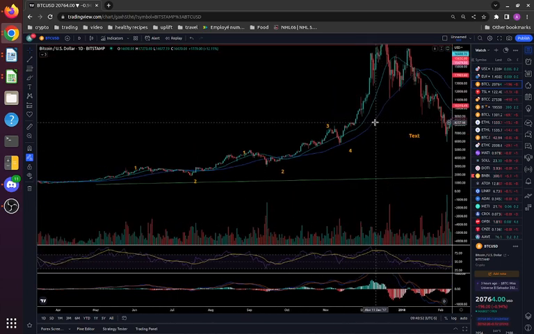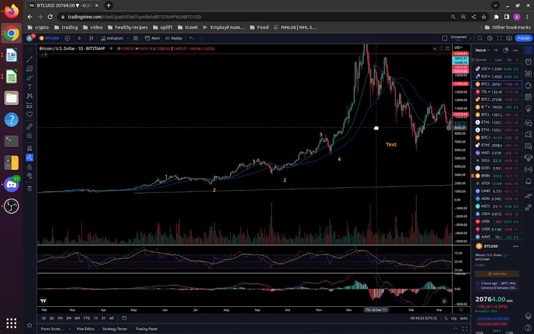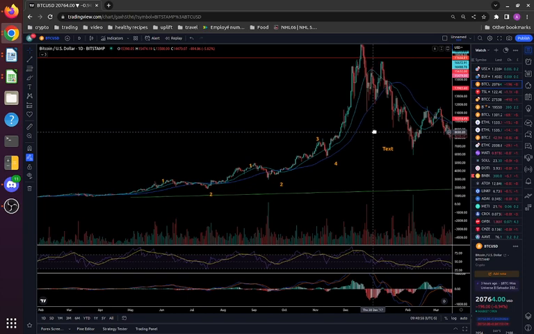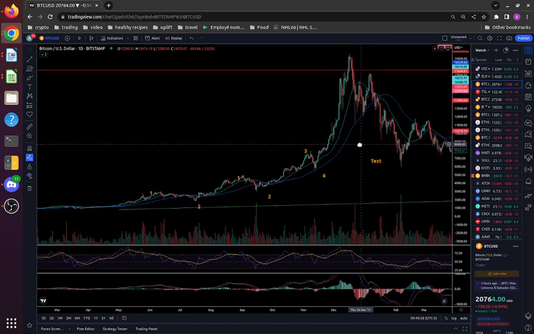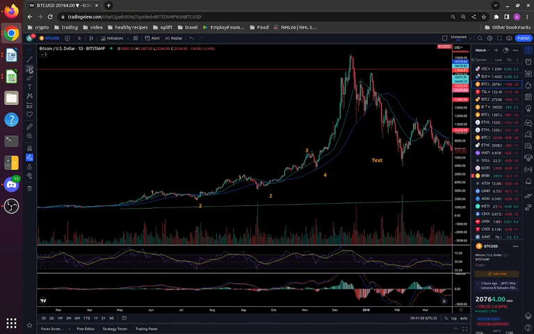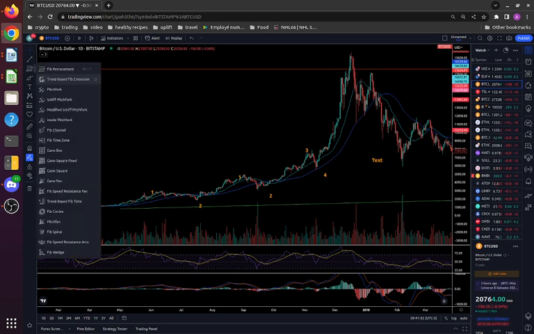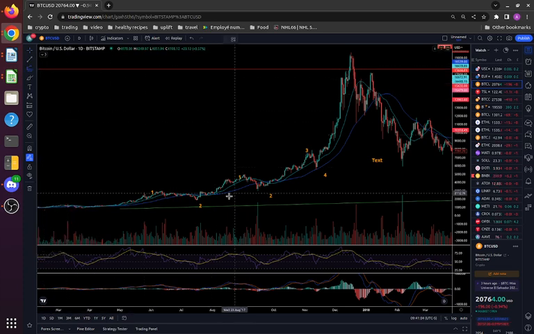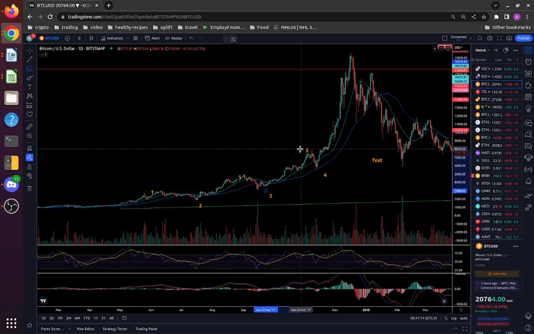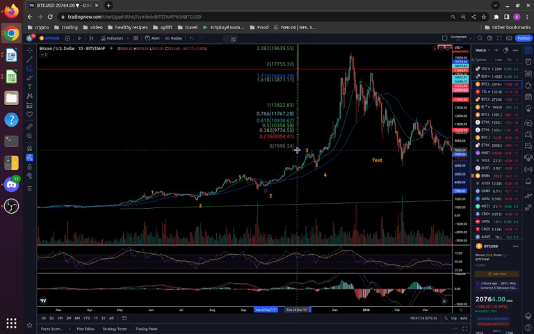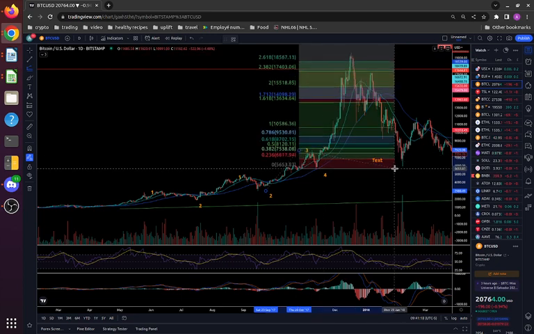Another way to calculate is to make an extension now and see what happens. The extension is going to be from the beginning of wave 3 to the end of wave 3, and then to the end of wave 4.